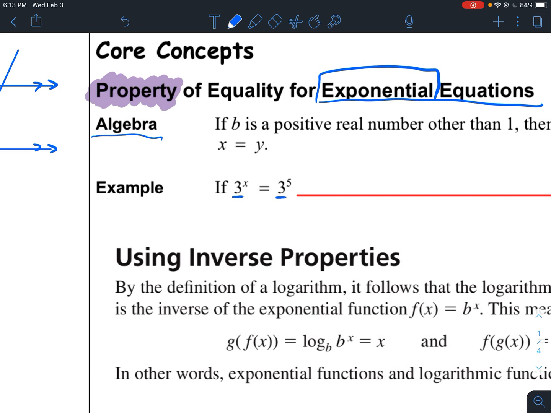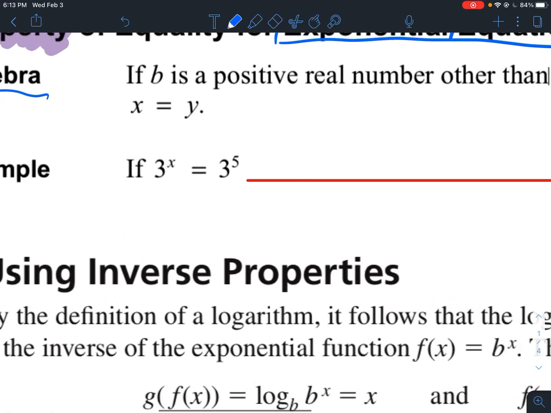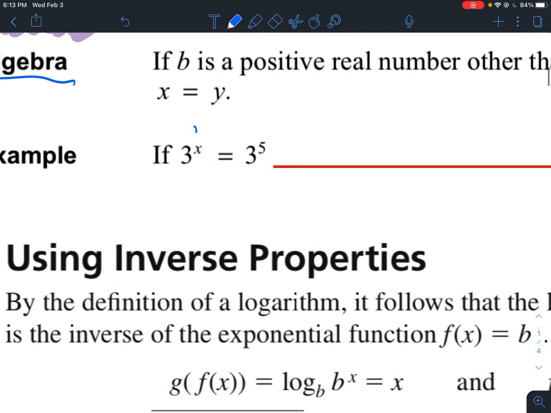So since the base is the same number, kind of like here where the intersections are similar, meaning these angles are corresponding and equal, then these exponents are corresponding and equal. Because if we were to try and make this statement true, if 3 to the x is equal to 3 to the 5, let's say x was 0, so 3 to the 0 is equal to 3 to the 5.